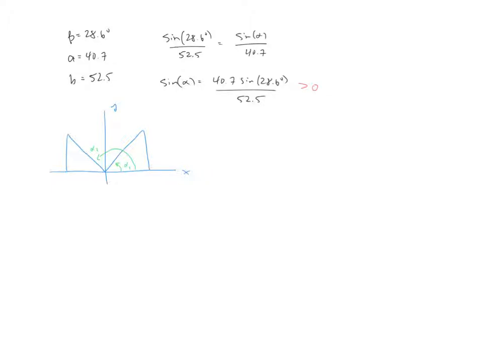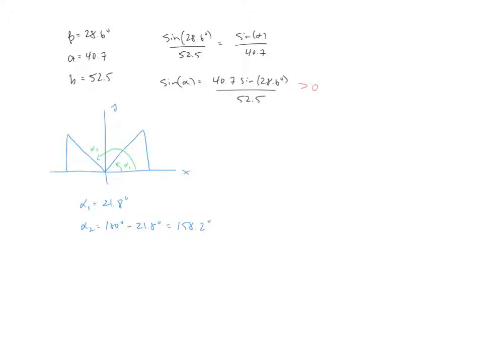So punching in the inverse sine of what you see, when I punch this in a calculator, I find out that alpha 1 is going to be 21.8, and alpha 2 then would be 180 minus the 21.8 degrees, which equals 158.2 degrees.